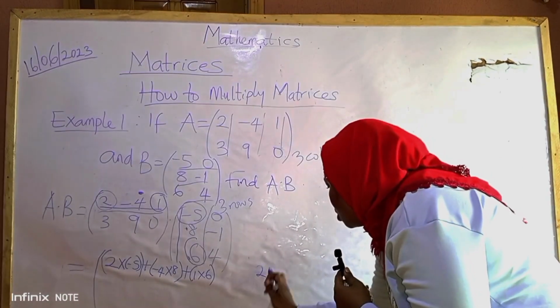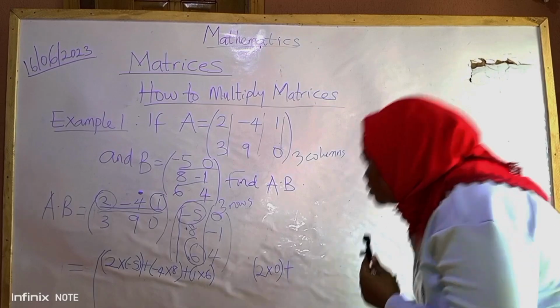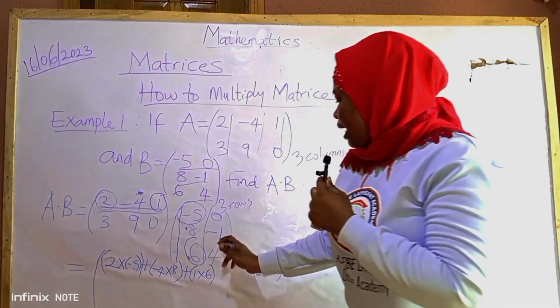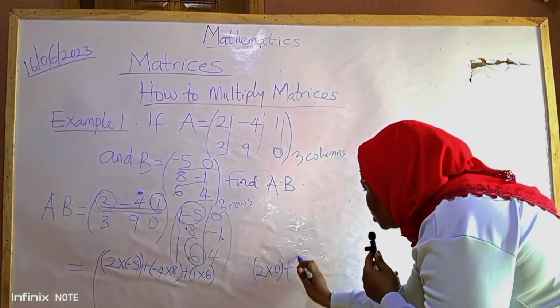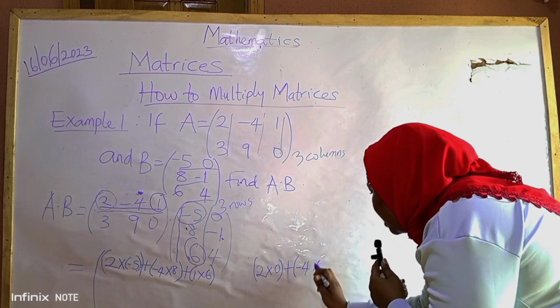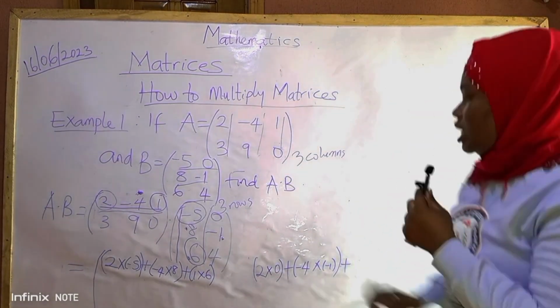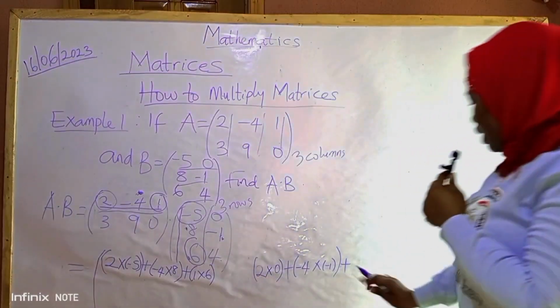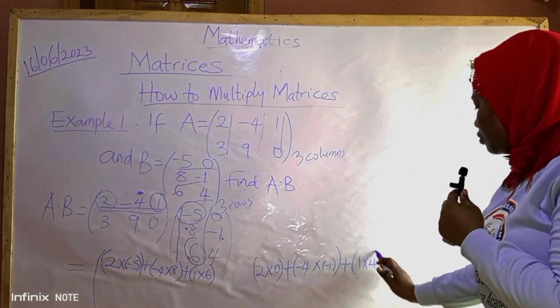So I have 2 multiplied by 0, plus the second one, which is minus 4, multiplied by minus 1. So I'm adding them to this one. So I have minus 4 multiplied by minus 1, plus I'm multiplying 1 by 4, and I'm adding it here. So 1 multiplied by 4.